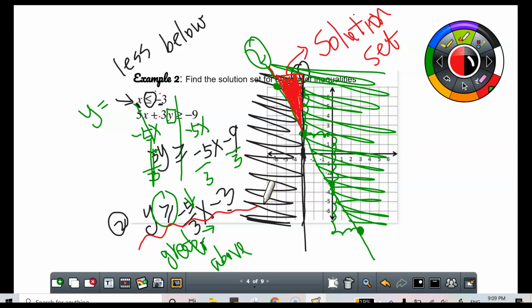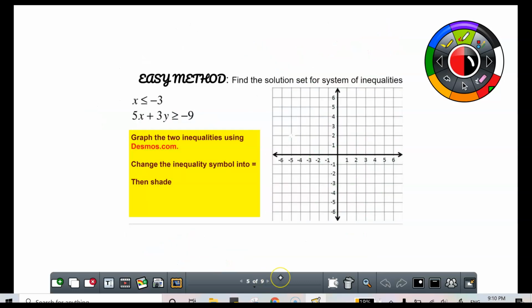But if you plan to take the SAT test, something like that, you need to know how to transform the equation from this one into the standard one. Okay? But right now, I'm going to show you an easier way to graph, okay? Which is using the Desmos.com graphing tool online.